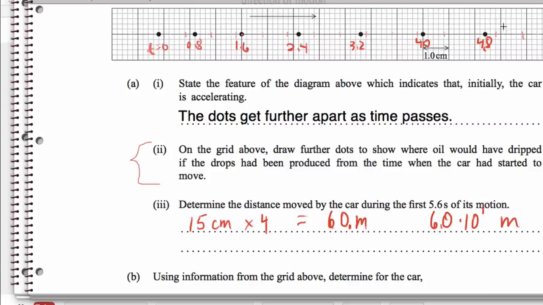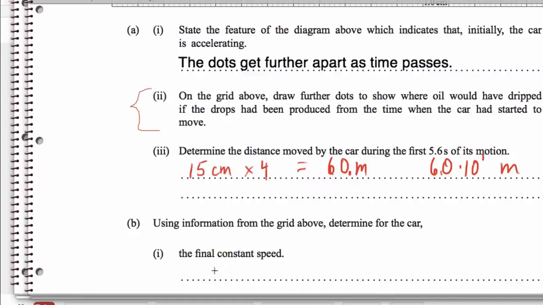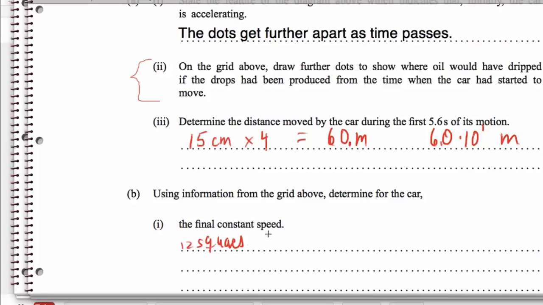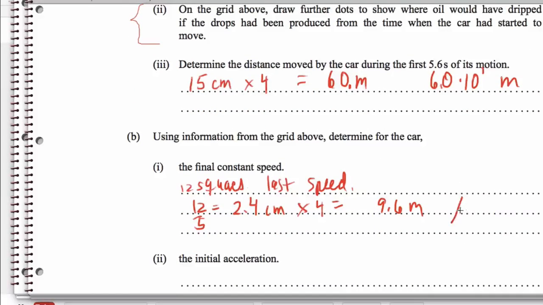Here, we notice that we have 1, 2, 3, 4, 5, 6, 7, 8, 9, 10, 11, 12, right? So we have 12 squares, and that's for the last speed. 12 divided by 5 gives me 2.4 centimeters, times 4 gives me 9.6 meters, and we need to divide that by 0.8 seconds.